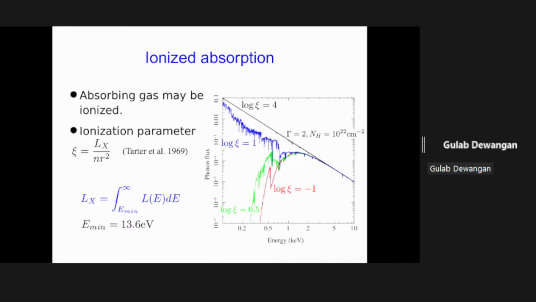That is why in ionized material you see these absorption lines. And when the ionization parameter is very high, log xi of 4, that is 10 to the power 4 or so, then the material is almost completely ionized. Therefore, you do not see any of these absorption features, neither the lines nor the absorption edges.